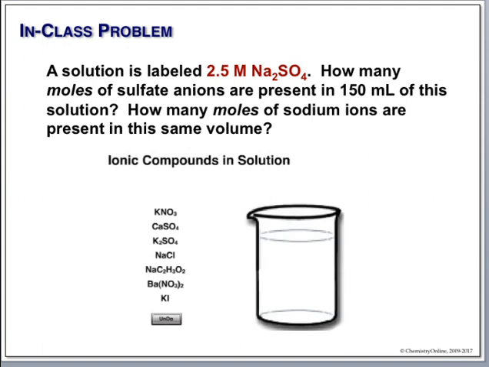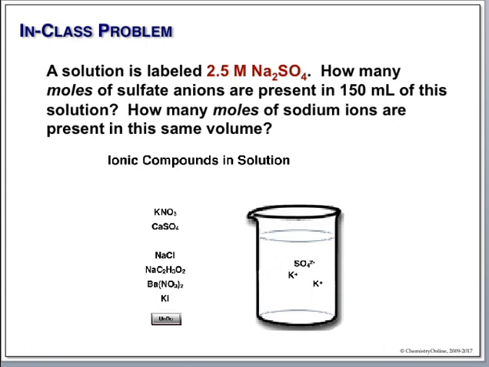We put it in our beaker. Remember, it breaks apart. If we had 1 mole of potassium sulfate, we would have 1 mole of sulfate and 2 moles of potassium. The ions totally dissociate. So what you do is just look at the mole ratio of your compound.